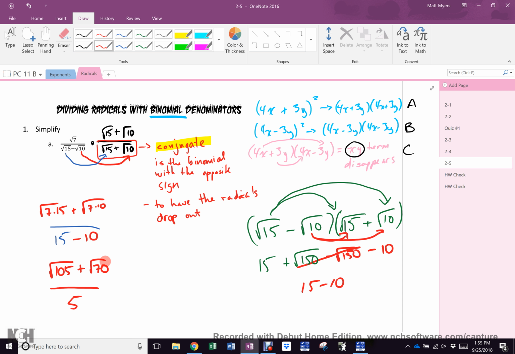Am I done? Yes. Is this allowed? Why? No radical in the denominator. Your denominator is rational, so you're okay. Is everybody good? Everyone is good?